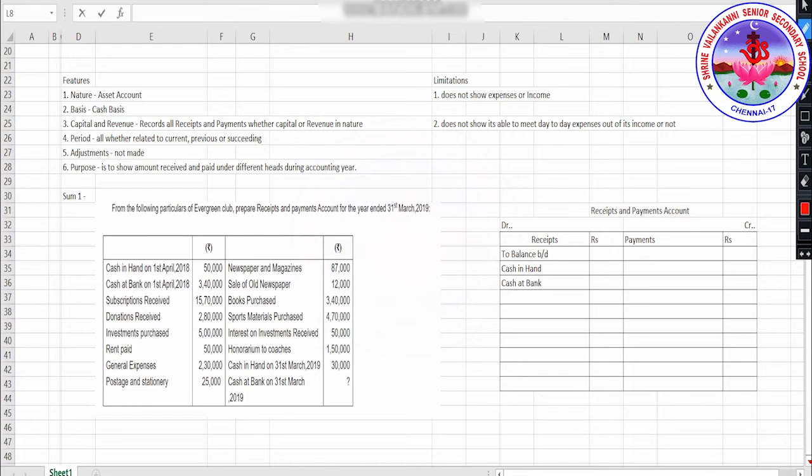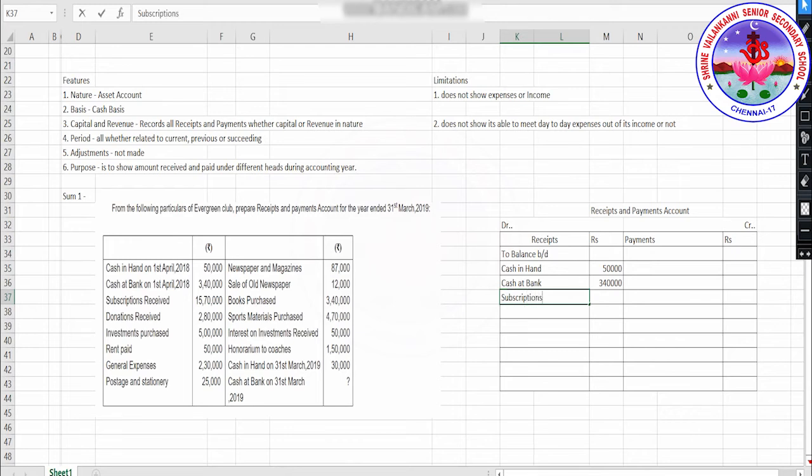I'm going to write it here. Cash in hand opening balance, cash at bank opening balance. We'll fill in the opening balances: here we have 50,000, here we have 3,40,000. Then subscriptions received. Subscriptions received is a receipt, right? Because it is received.